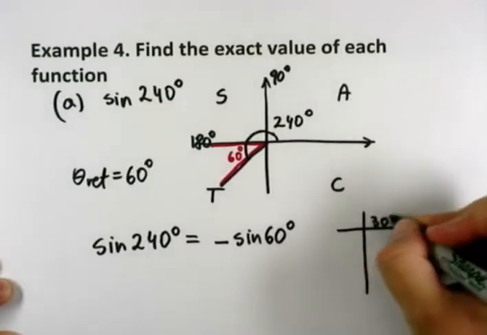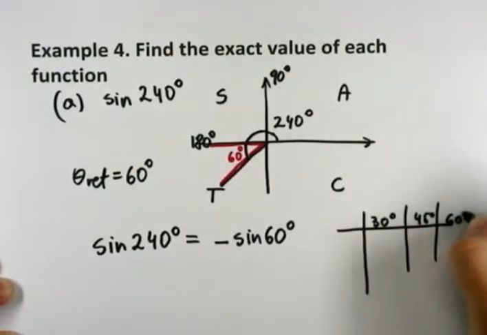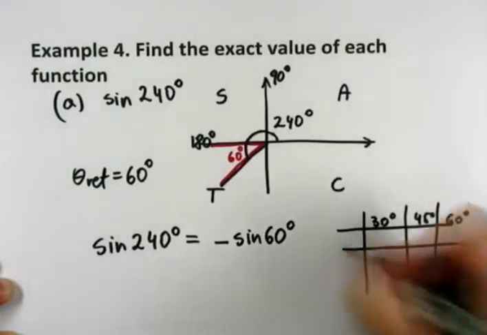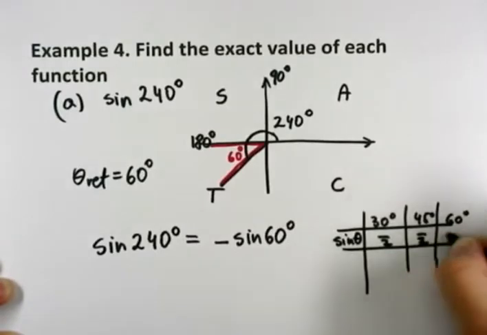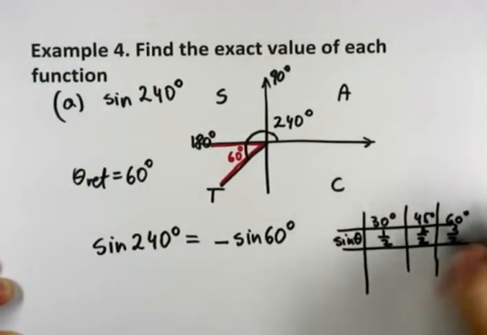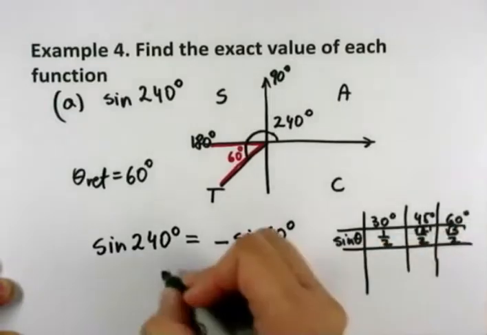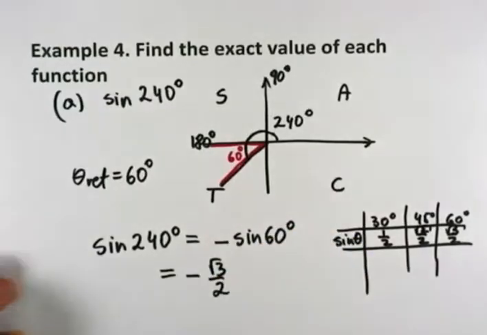Here was 30, 45, 60. Sine was the first one, over 2, over 2, over 2, and on top was 1, 2, 3, under a square root. So sine 60 degrees is root 3 over 2, so then we have minus.